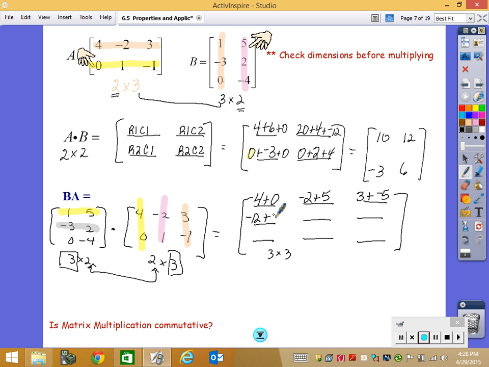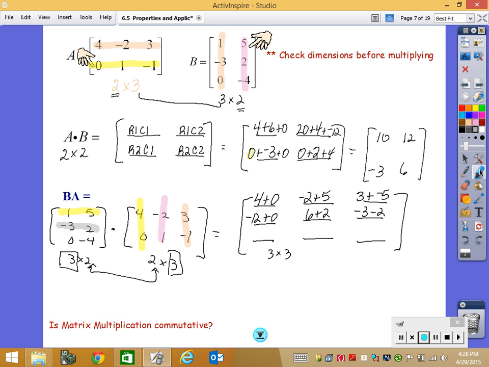Negative 12 plus 0. Row 2, column 2. 6 plus 2. Negative 3 minus 2.